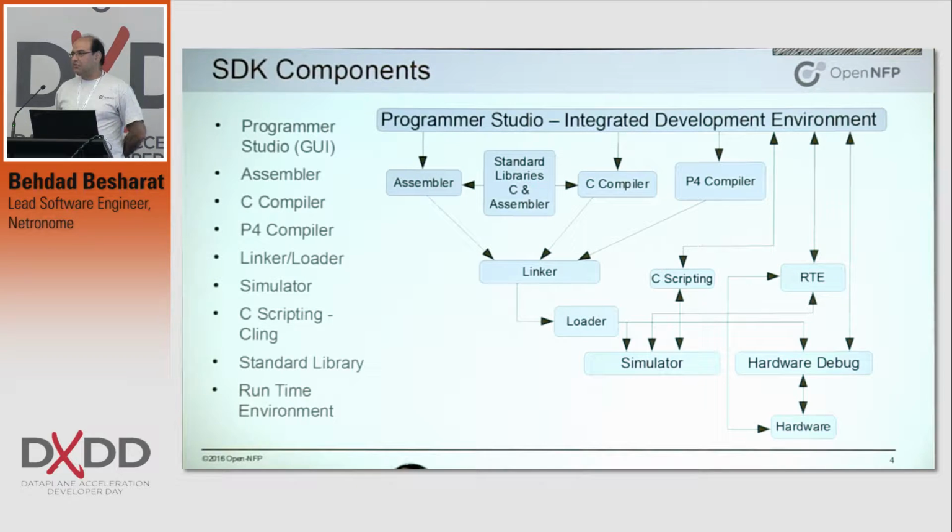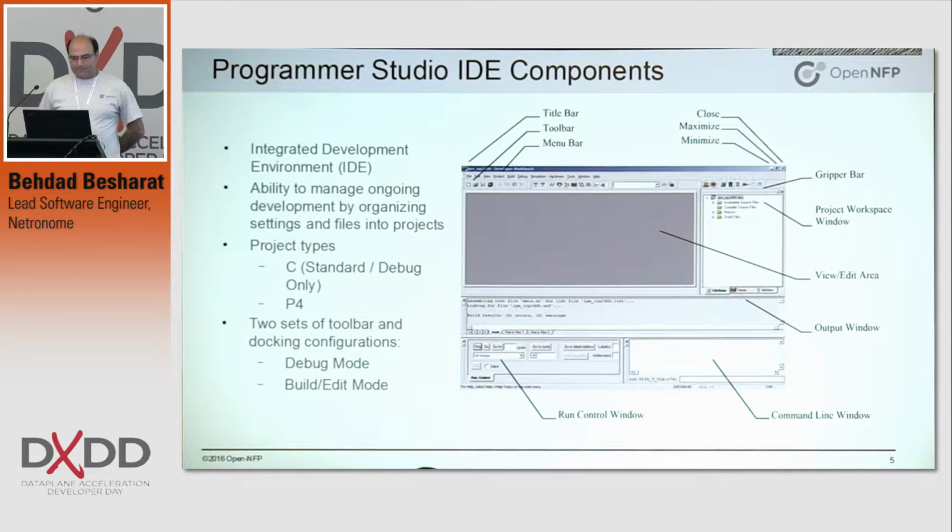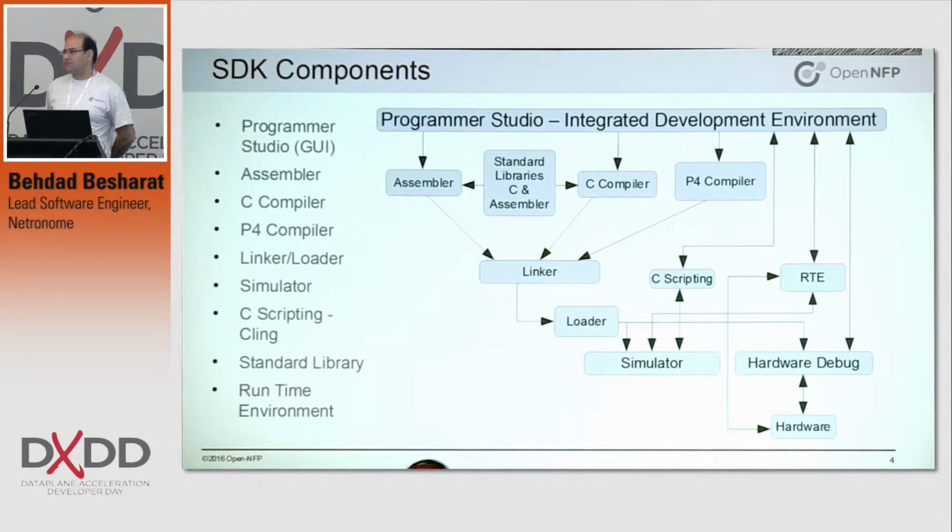And it talks to simulators. It's not supported on the hardware yet; C scripting is only supported on the simulator at the moment. Of course, it comes with the hardware debug servers that talk to the hardware, and also the simulator, which comes with the SDK. Yes, it is a cycle accurate simulator.